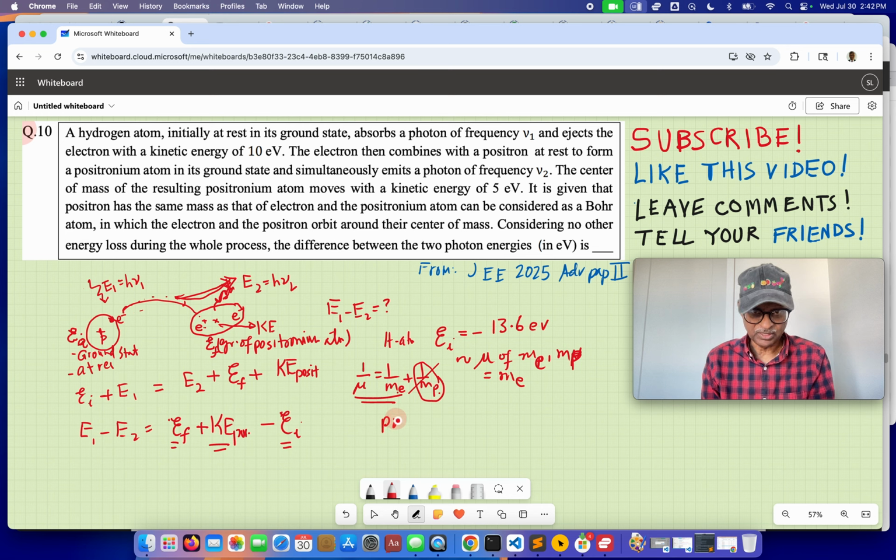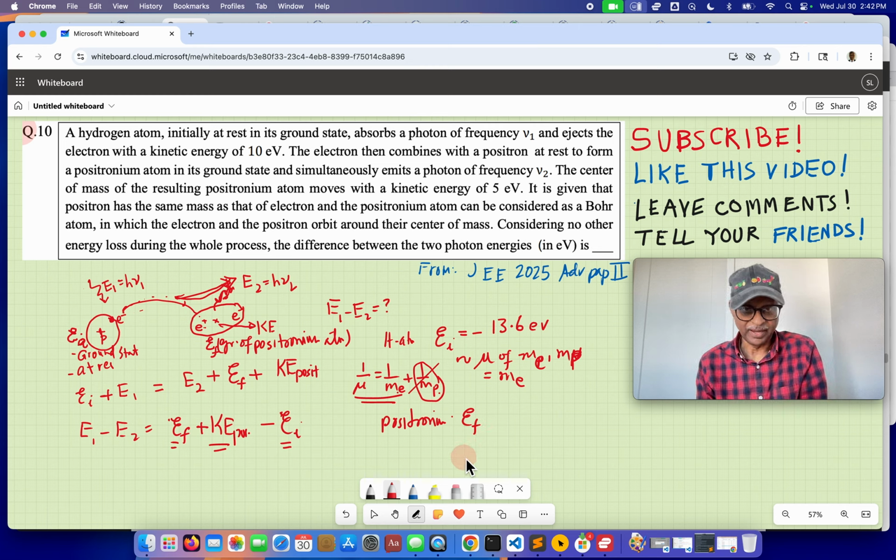For positronium, that's the main question. How do I get that?